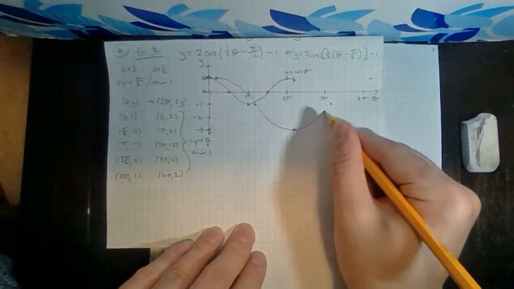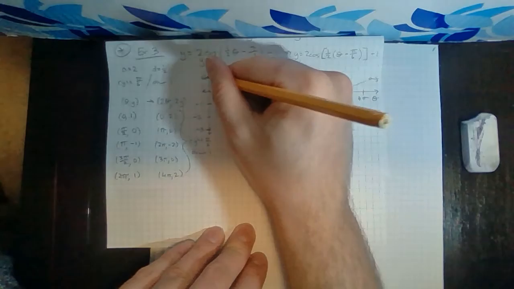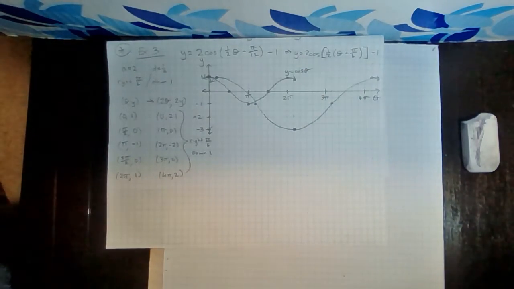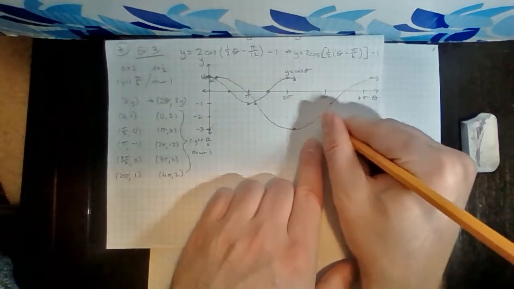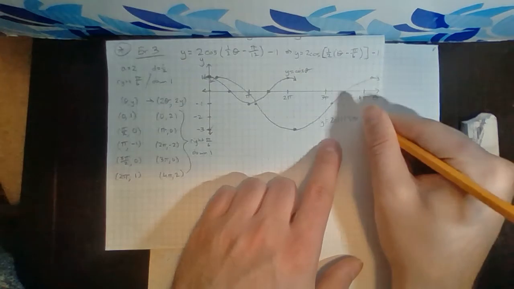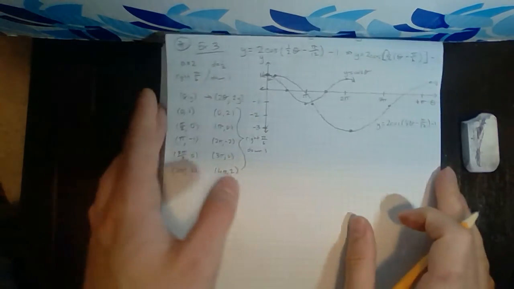So we have a much more stretched out cycle. This is our function y equals 2 cos half theta minus pi over 12, minus 1.